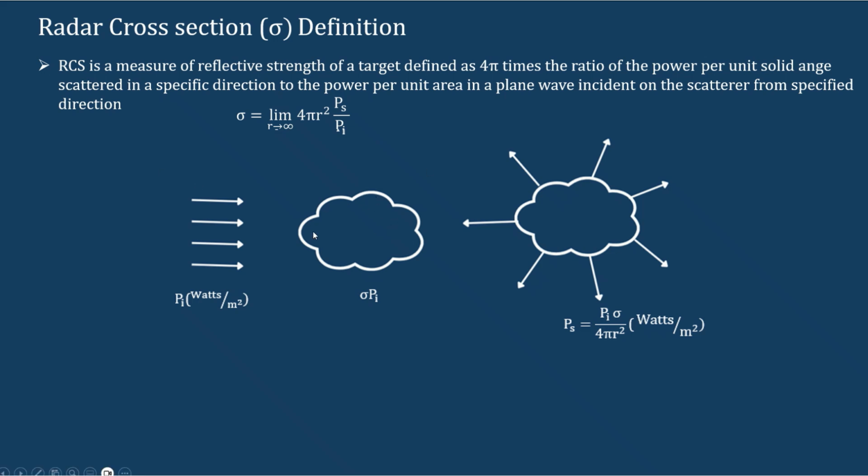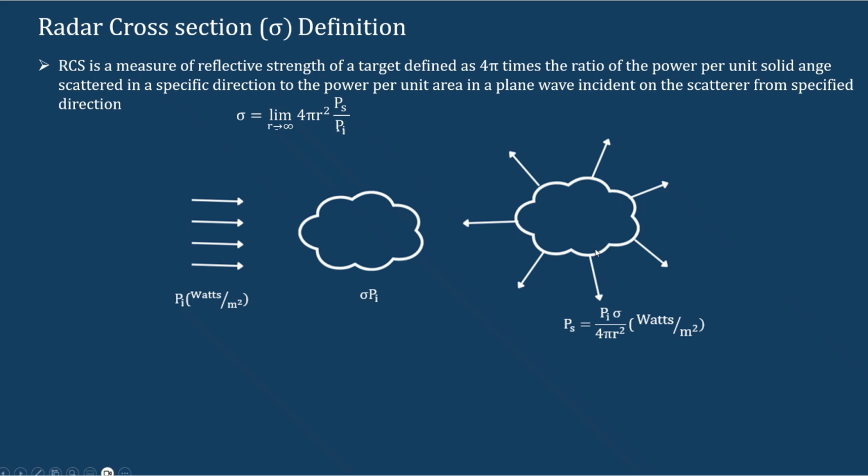If the target has an RCS of sigma, that means it will scatter sigma times the total incident power in different directions. That is, the total scattered power will be sigma times the total incident power on the target. We are assuming that this target is scattering the power equally in all directions, like an isotropic scatterer.